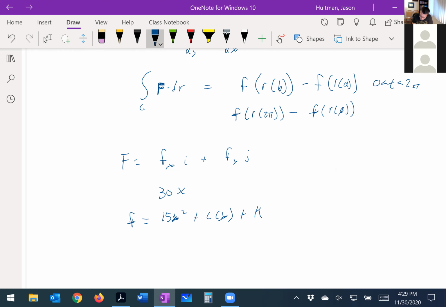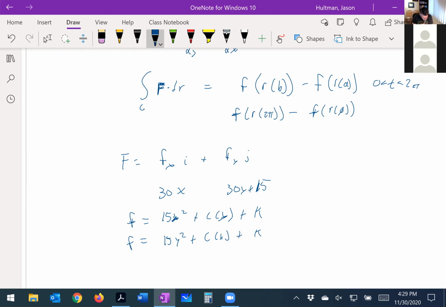So what about this guy over here? What was the y value? I'm just going to distribute. I'll call it 30y plus 15. That was for j. Now let's integrate this with respect to y. Well, that becomes 15y squared plus c of x plus k. Is that right?